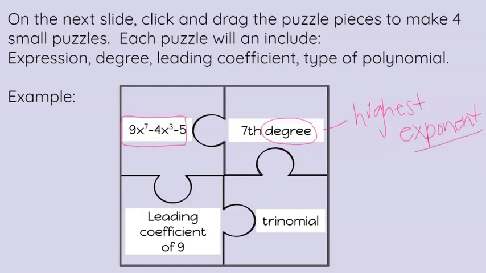So here you can see our exponent is 7, so it's degree 7. Then you're going to give it the leading coefficient. So remember, that's just that first number next to the degree. And then tell what type of polynomial it is: monomial, binomial, trinomial, or polynomial.